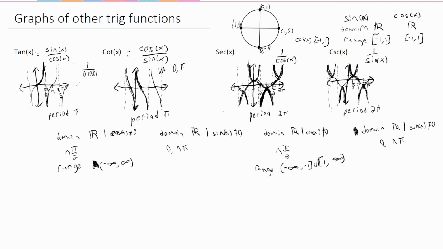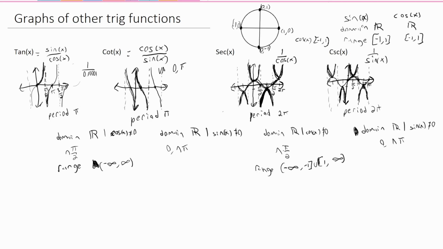So 1 divided by something smaller than 1 is never going to be less than 1. So cosine can never be bigger than our numerator. And so we can't have values between 0 and 1, excluding the value of 1. We can have the value 1 because cosine of 0 is 1, and 1 divided by 1 is 1.